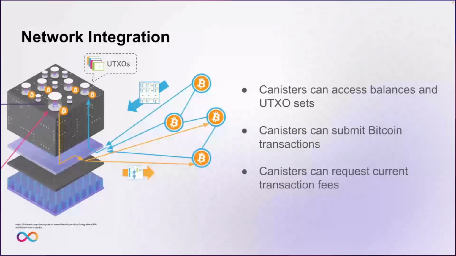This allows them to know about the held UTXOs and thus also the balance of any Bitcoin address, including their own addresses. The Internet Computer can also submit signed transactions to the Bitcoin blockchain. When it does, the nodes directly transmit the transaction to the Bitcoin network nodes without any need for intermediaries that might censor them. And to make sure that the transactions are actually included in a block, canisters can request current transaction fees.